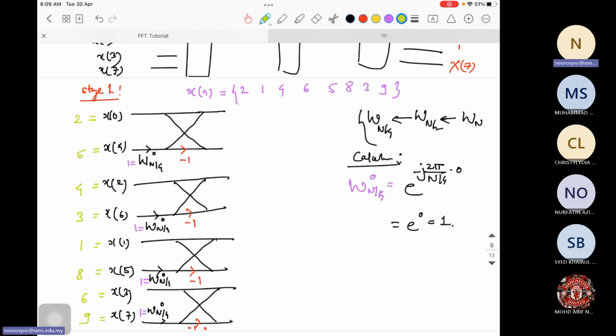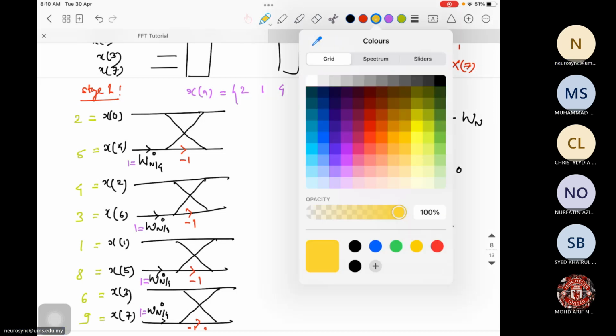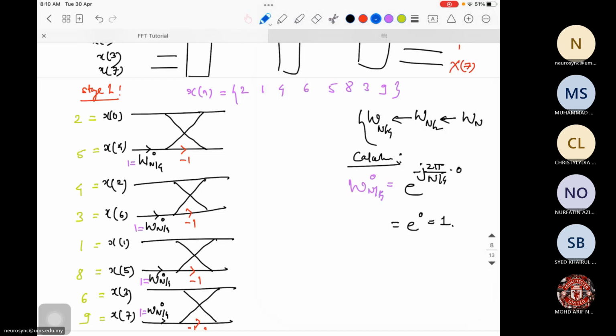Give me the output at the end of stage 1. Yes, what is the output here?